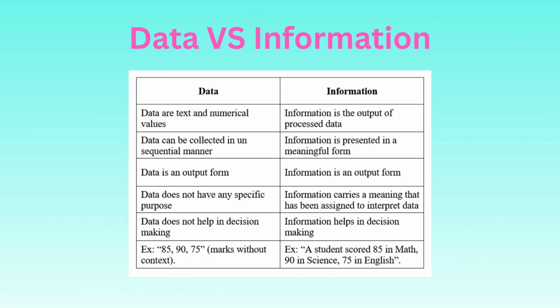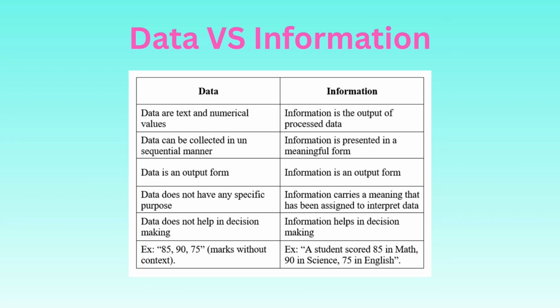Next, we will see data versus information. What are the differences between data and information? Here you can see the table of the aspects of data as well as the aspects of information. Data is text and numerical values, like certain numbers, or anything else.